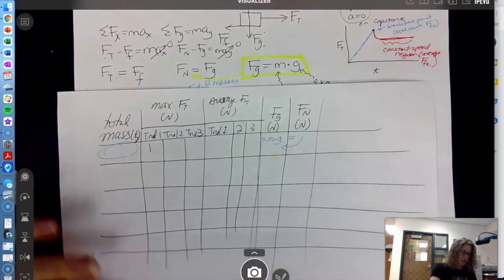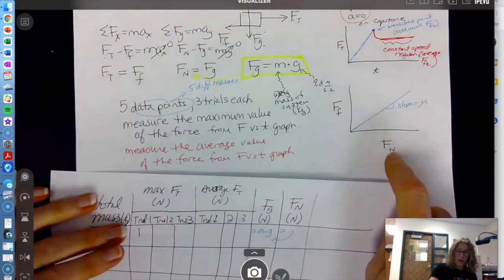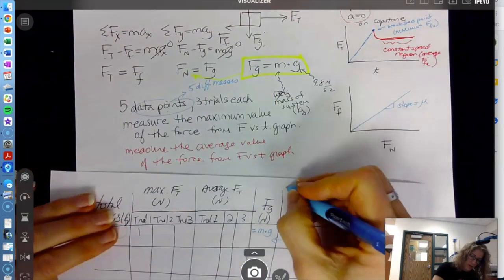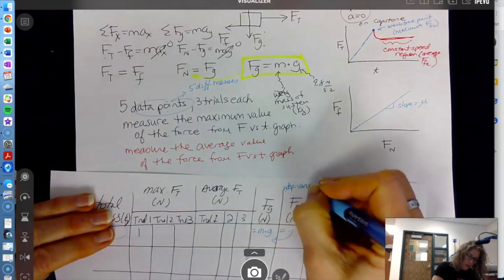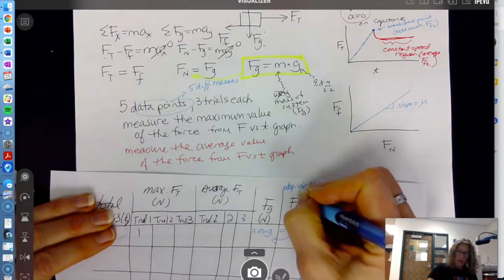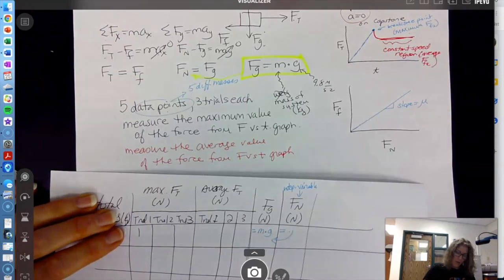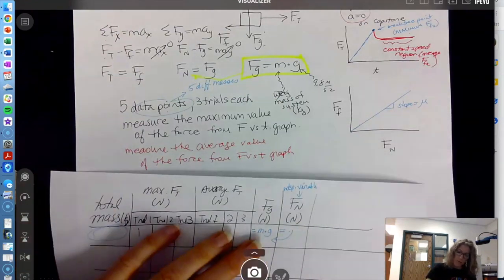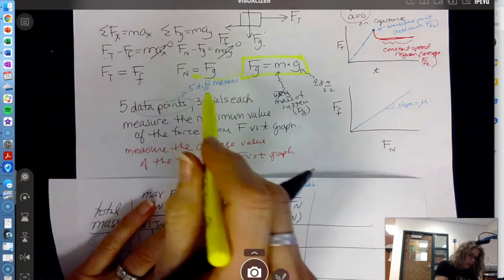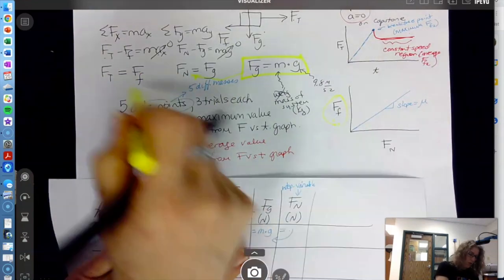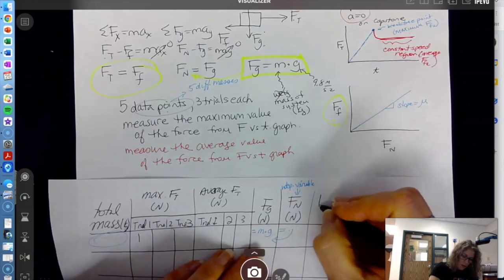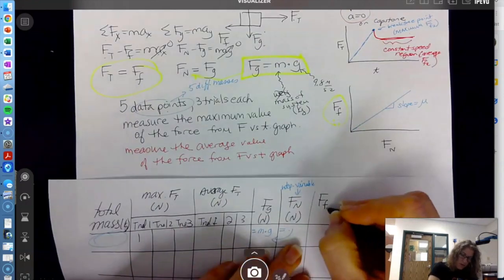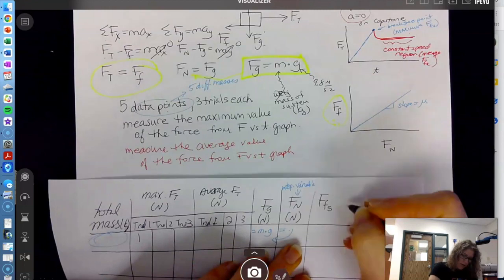All right, so we finished that part, which is going to be our x-axis. This is now going to be our independent variable that's going to be graphed. And then we're going to need a column for our friction force, because that's what we need here. So friction is equal to tension. So we need to have our friction, and we'll call this our static friction force.